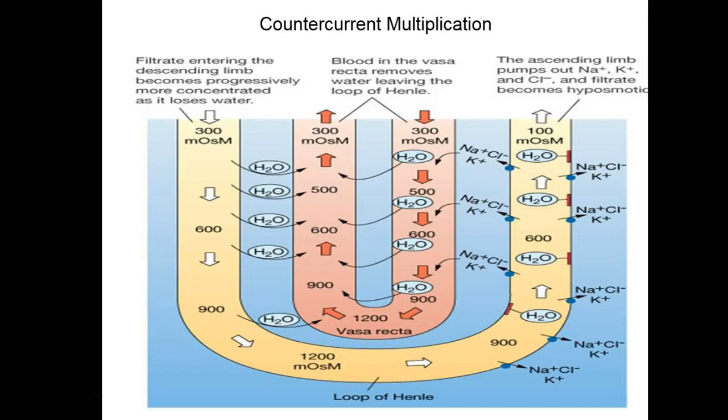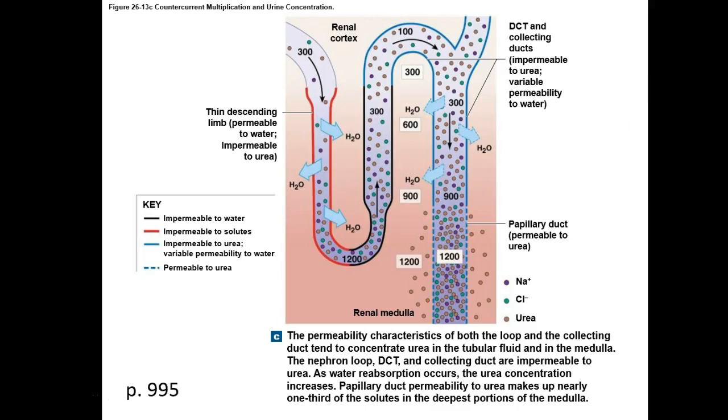So it actually facilitates the process. And this is the idea of countercurrent multiplication. And furthermore, what you have with regard to the capillary beds is the ability to reabsorb the water and reabsorb the ions.